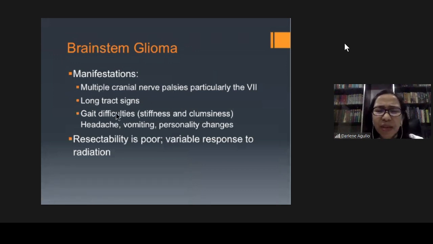Hindi rin masyadong magandang response radiation. Paano mo naman mariresect yung brainstem? Although we have the brainstem tumors, no, that are pedunculated. Yun, okay lang yun. Nare-resect yun. Pero pag mga diffuse brainstem glioma, poor prognosis.